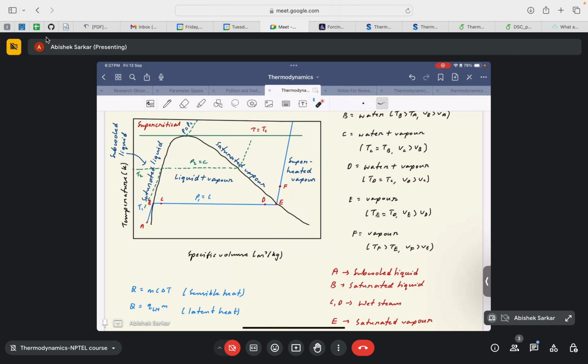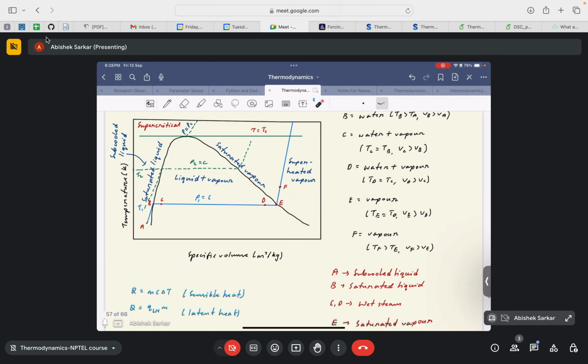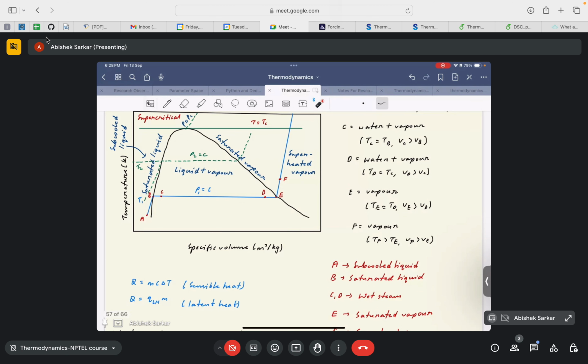Okay, so now regarding the shape of this curve. We know that if we apply heat, substances tend to expand.